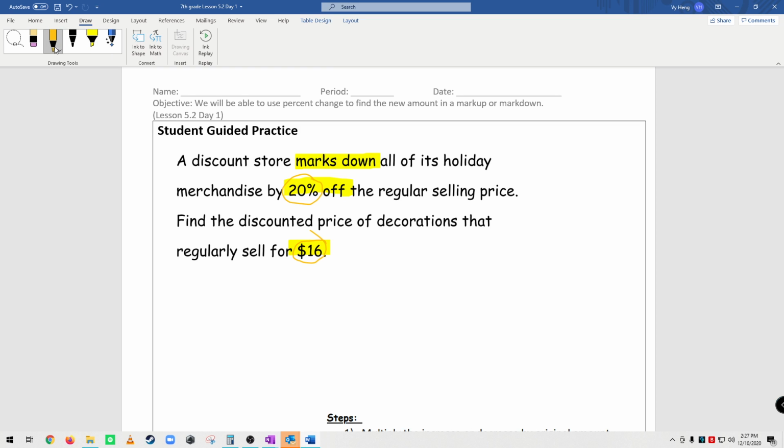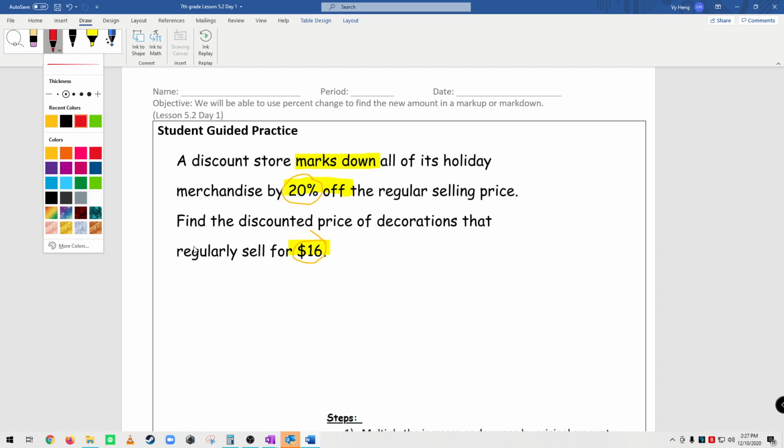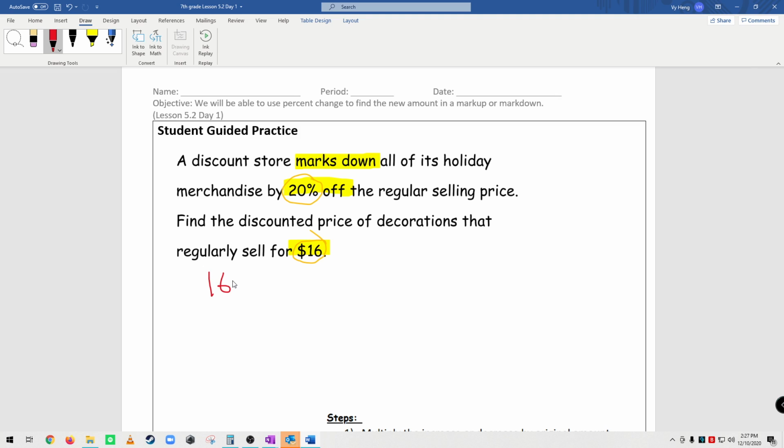So again, I'm going to do the same thing, right? I'm going to go ahead and write down the $16, okay? And I'm going to add those two zeros like this, $16.00, okay? And then I'm going to multiply it by the percent decrease, right? Because it's a markdown. So multiply this by 20%, okay? This is the percent decrease.